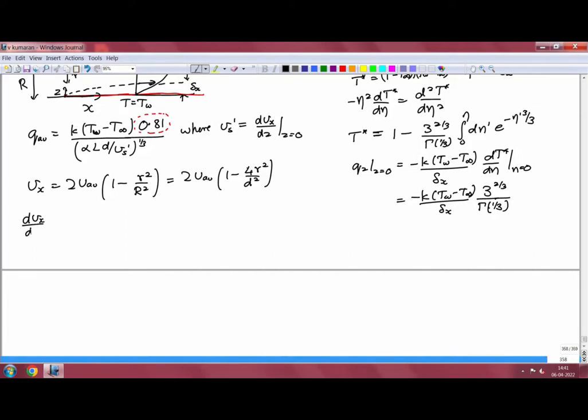dVx by dr is equal to minus 16 V average r by d square. Just taking the derivative, I have missed out a factor of V average, I am sorry.